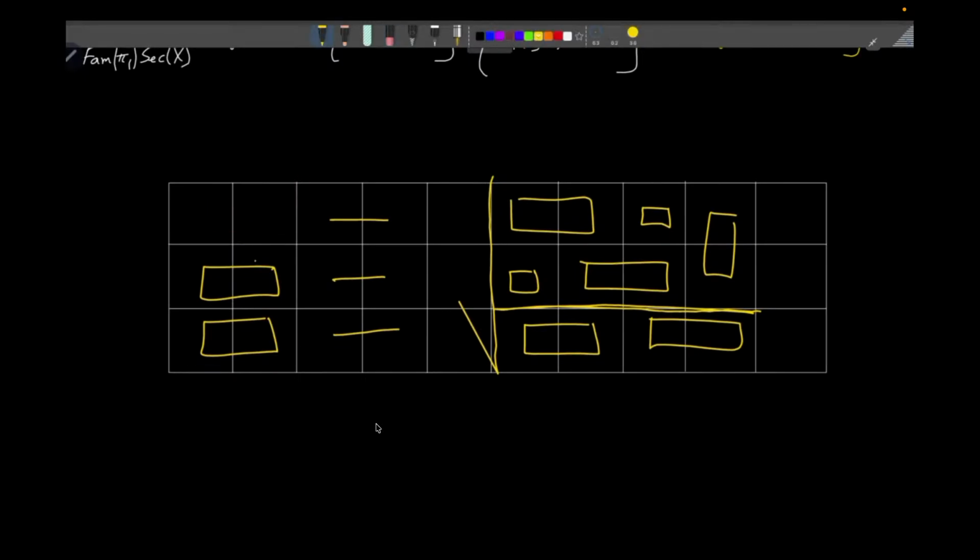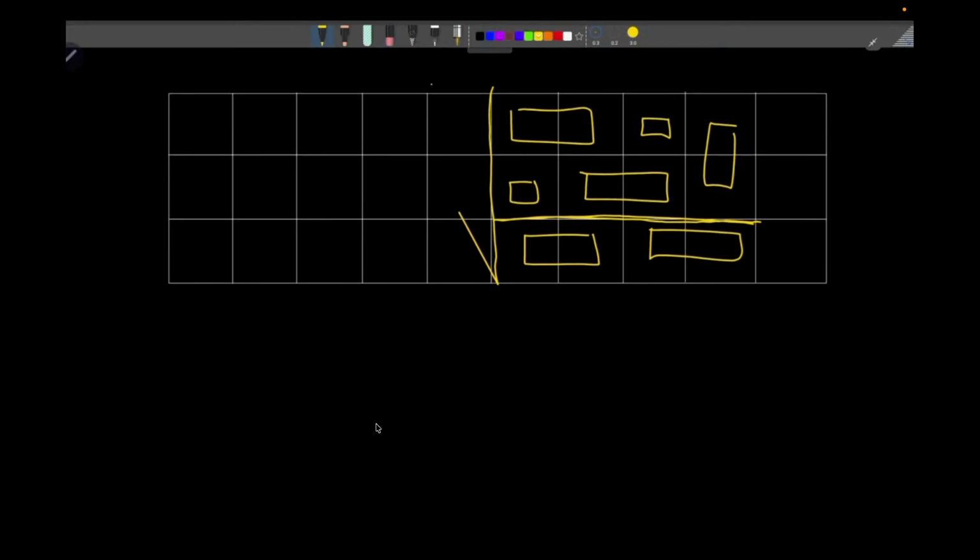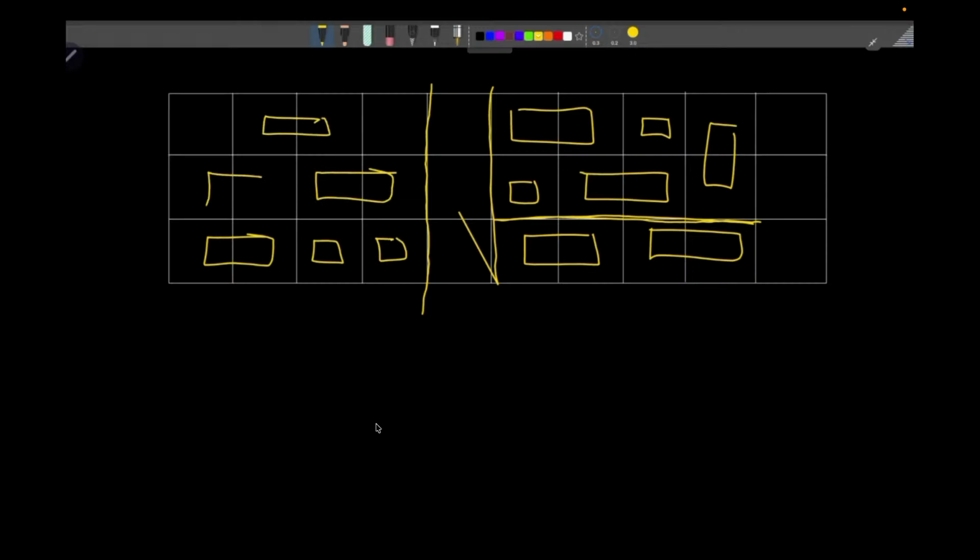Let's see, if we only consider the horizontal tilings like this, then let's consider a tiling like this. If there is no vertical tile, then there will be exactly two horizontal faults.